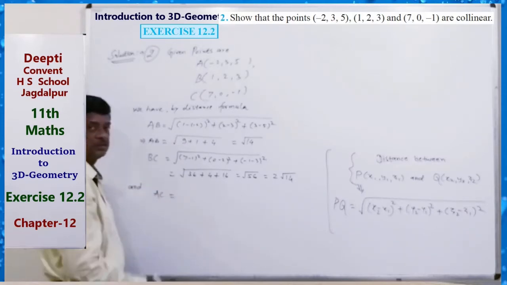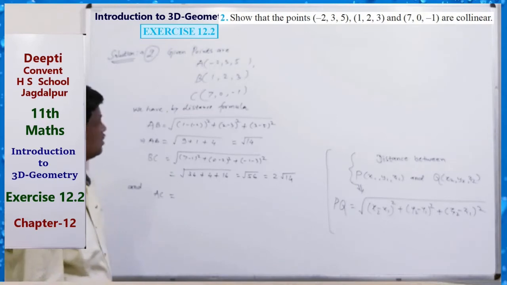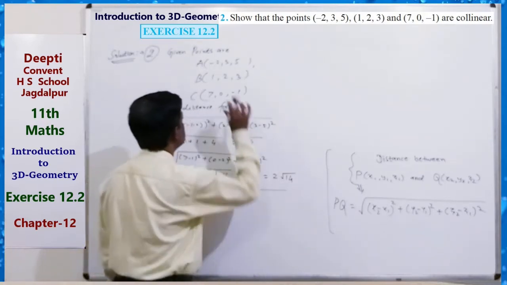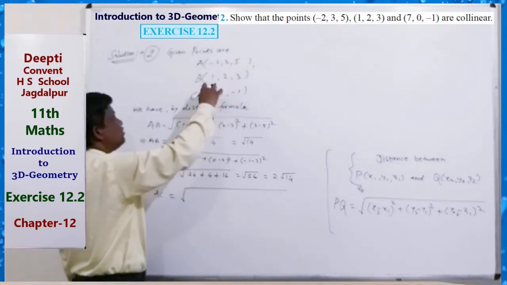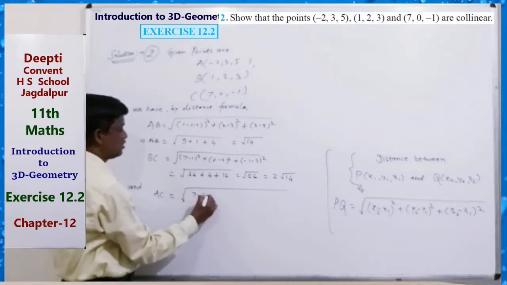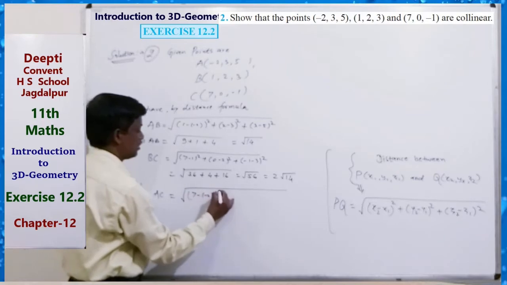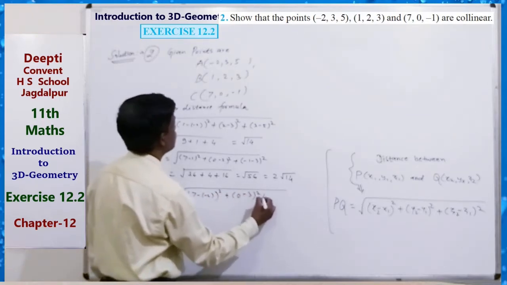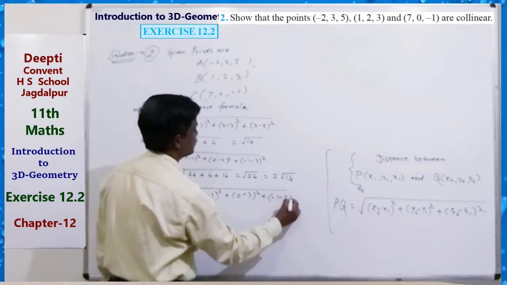Another value is AC or CA. AC equals, for these 2 points, (7 minus minus 2) square plus (0 minus 3) square plus (minus 1 minus 5) square.